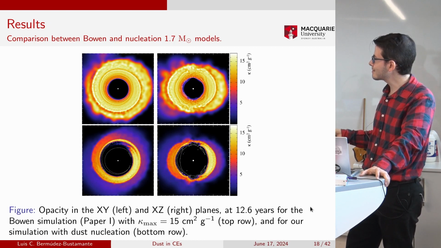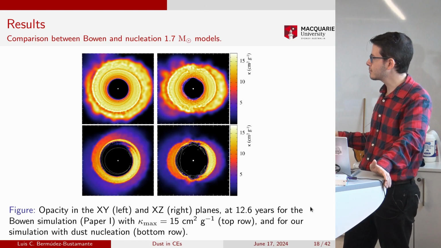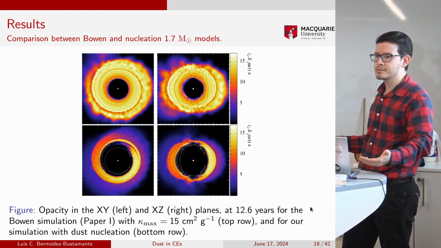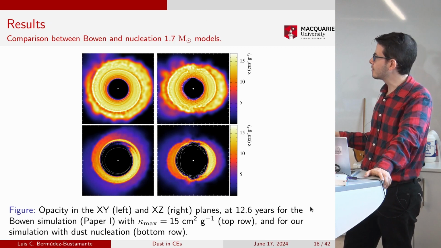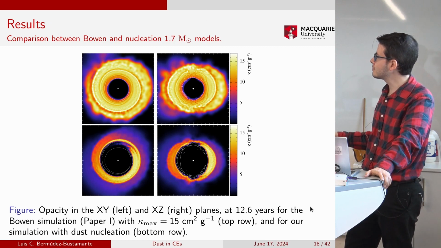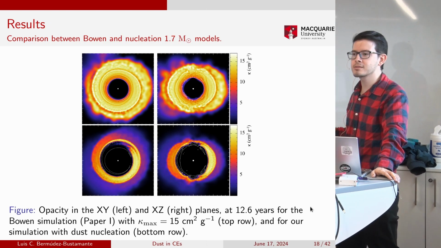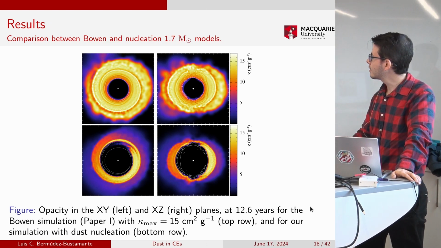You can see here that the problem with this simplified approximation is that it overestimates the opacity of the regions. For example, in the outer regions the opacity is much larger, and also in the inner regions. There is only a tiny region where both models give practically the same result.